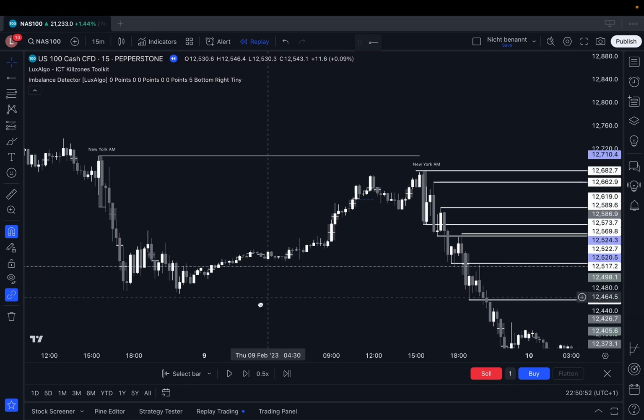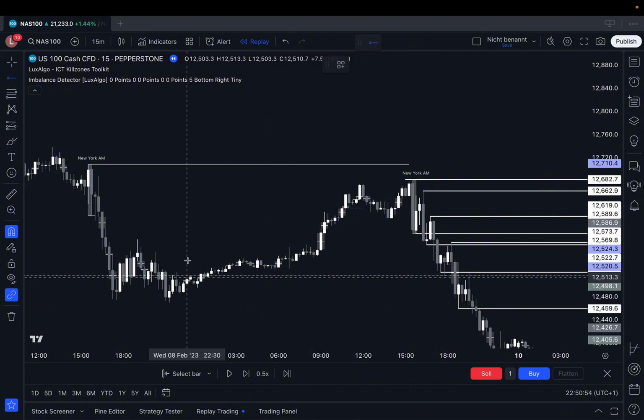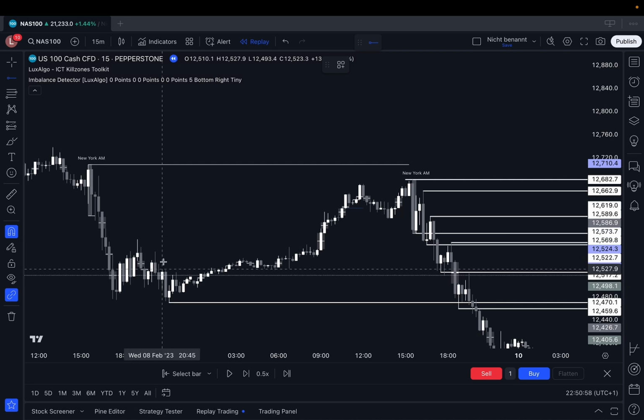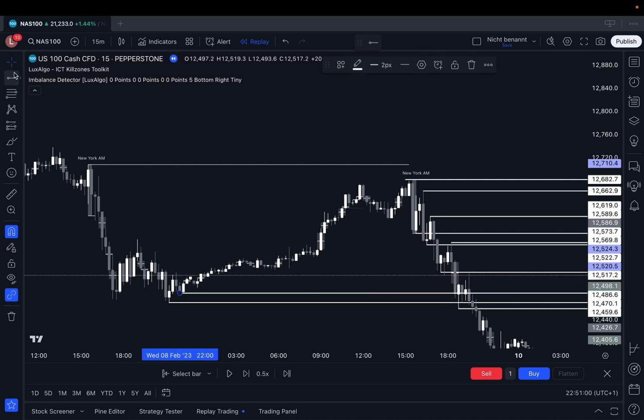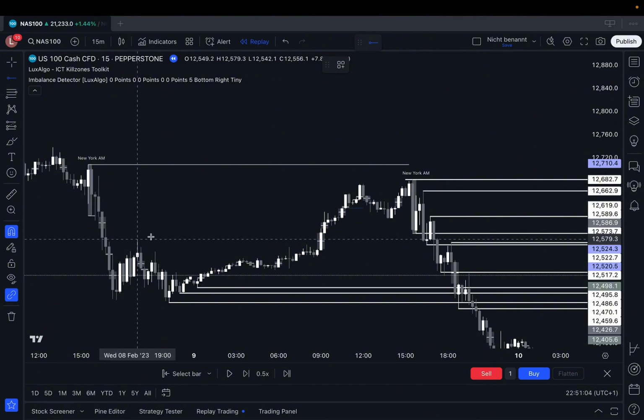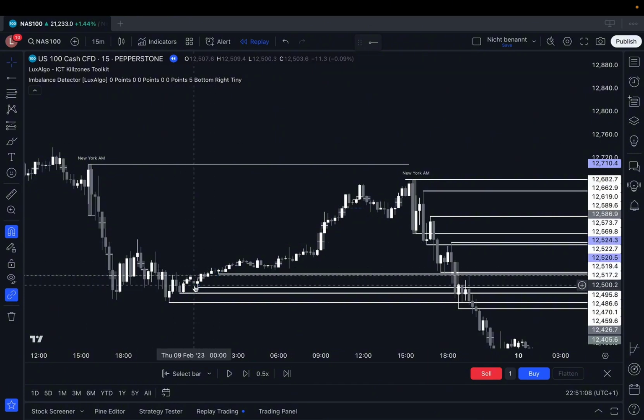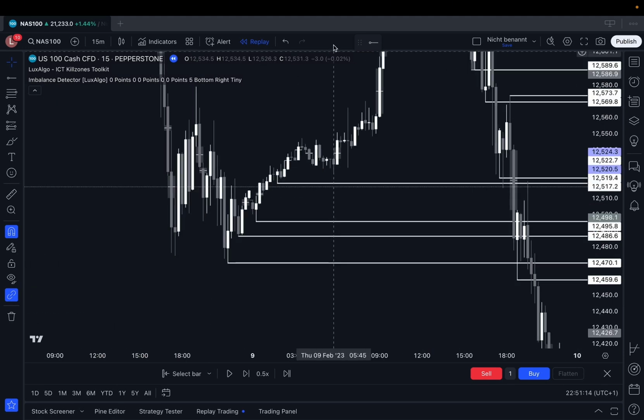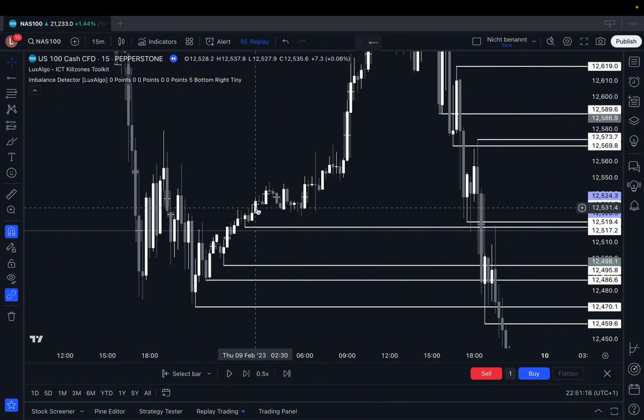If you want to see an uptrend, right here for example, here we have a low, then a higher low, then an even higher low, and then an even higher low. The lows, because it's a down candle and then an up candle, and then at the lowest point. That's what we learned about lows and highs.